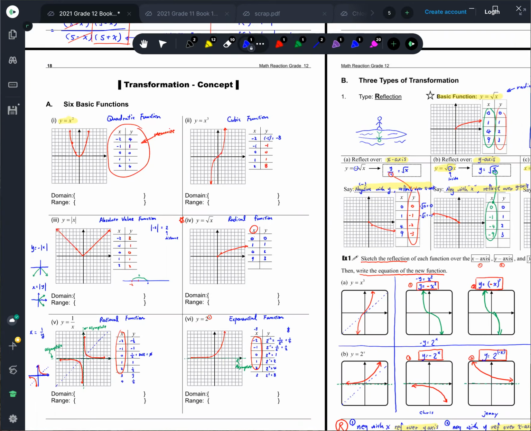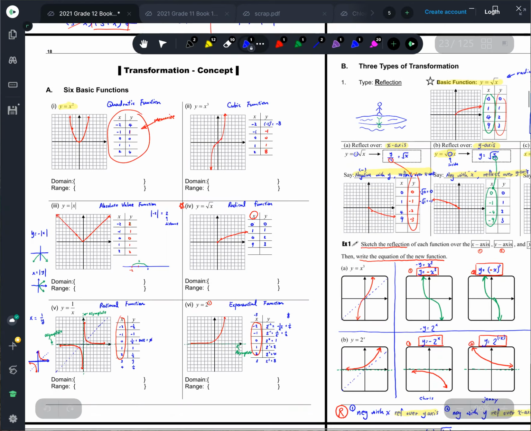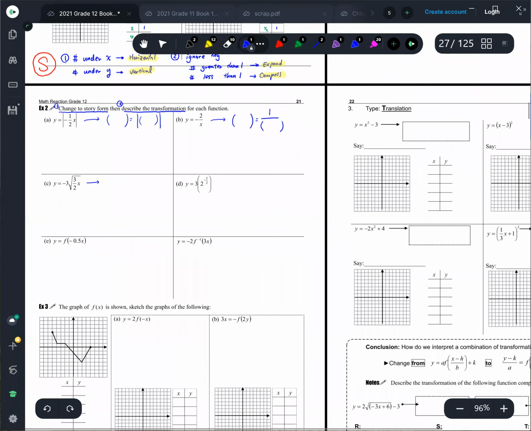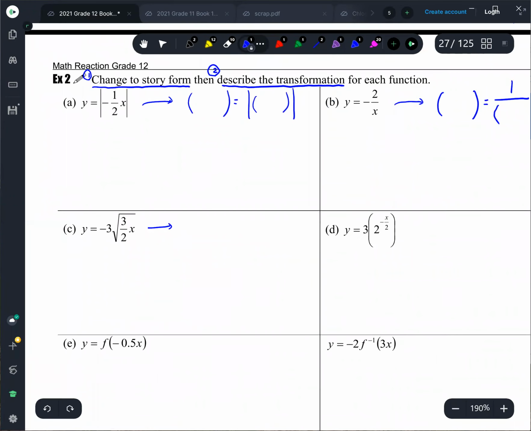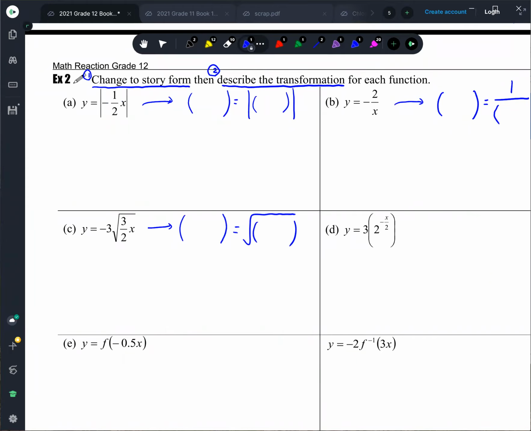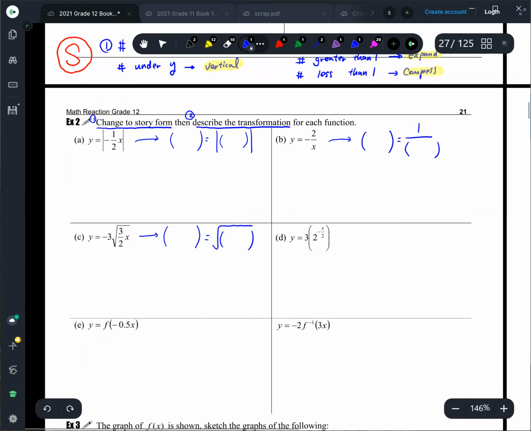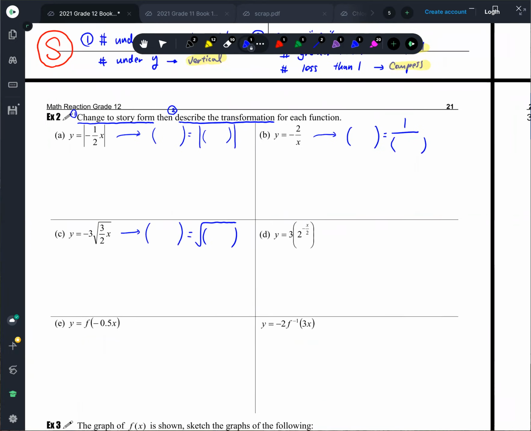Is it radical function? Yeah, you have a radical, so it has to be radical function, right? So your form that you want to change to needs to look like y equal to radical something. Okay, so anything that's movable, you need to move it. Anything inside, you need to also do some change. Okay, when you start, the first thing is to identify which basic we are dealing with.